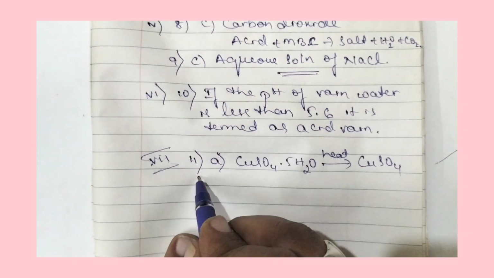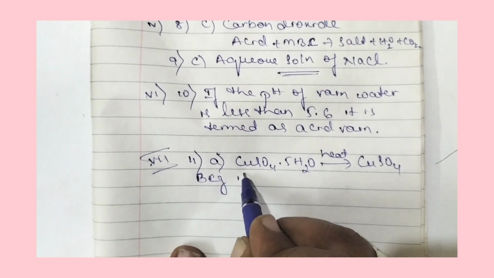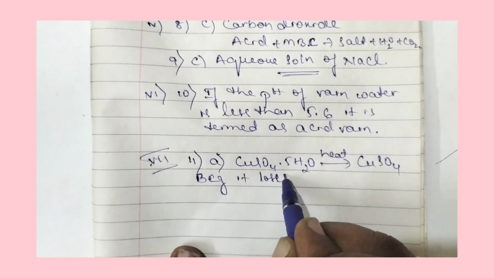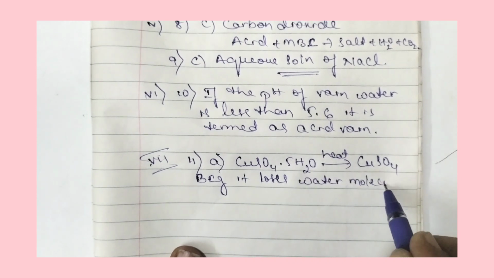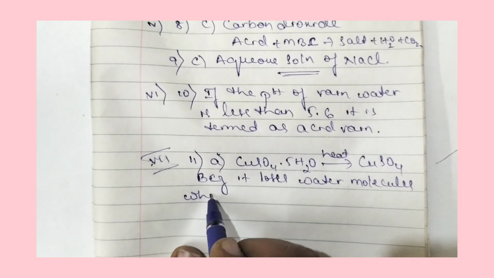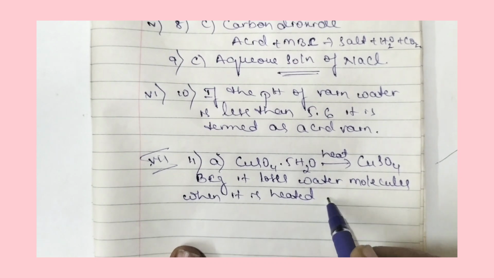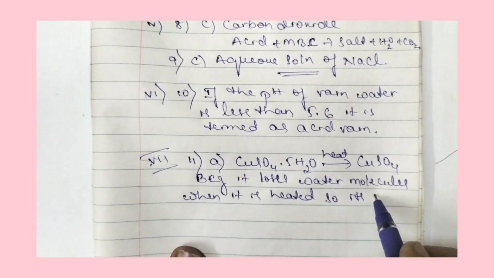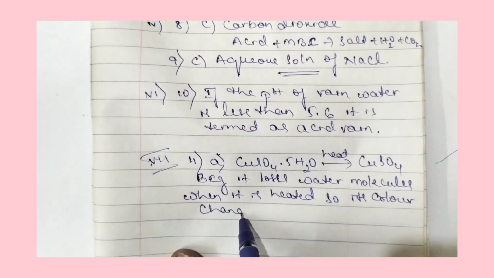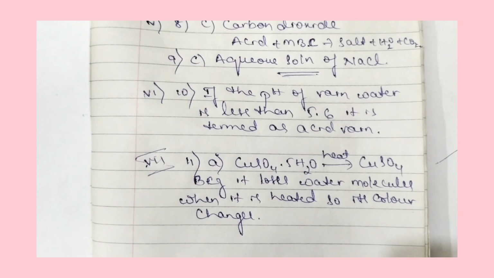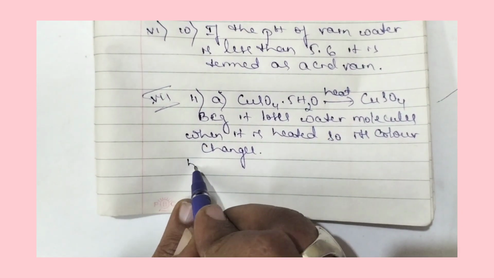So this is the equation. Actually it is blue in color. When we heat it, its color changes because it loses water molecules.